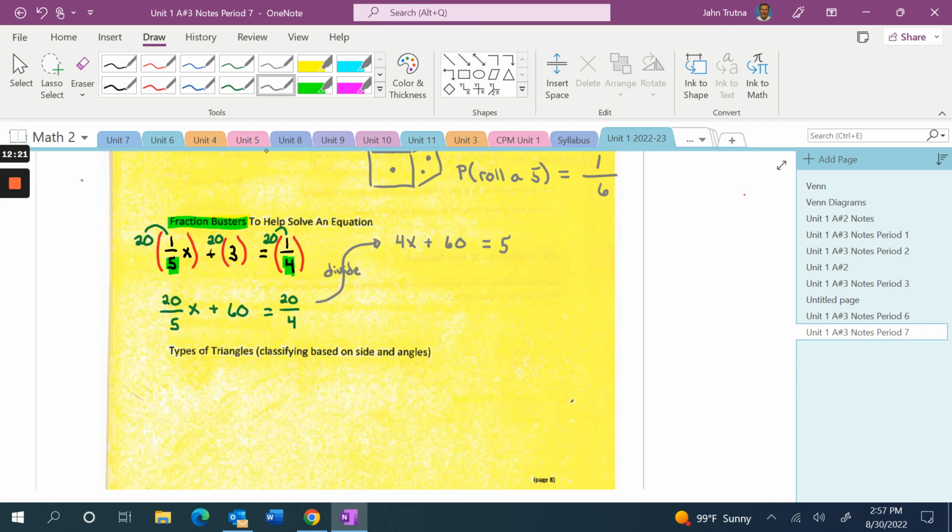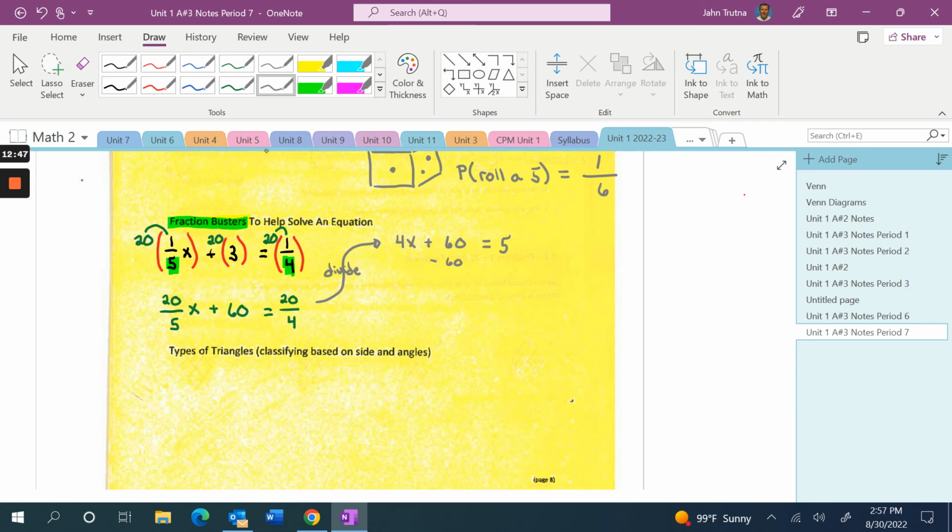I'll say that again, because some students are all, no way, Mr. Trutna, that's impossible. It's possible. The equation in gray has the exact same answer as the equation in black. Do you guys believe me? Yeah. Okay. Let's solve the equation in gray. It's a heck of a lot easier than the equation in black.